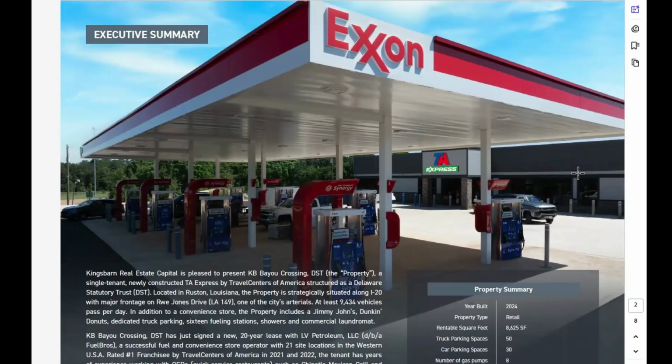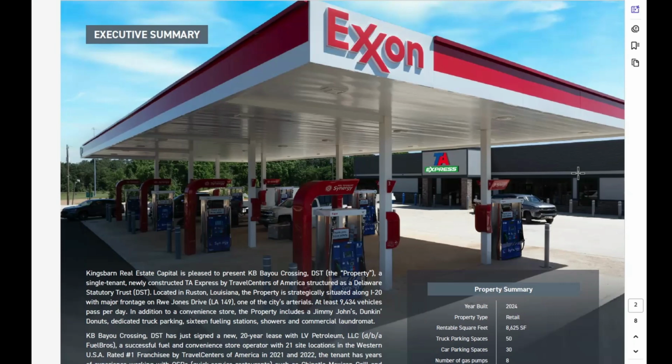So Kings Barn Real Estate Capital presents KB Bayou Crossing, a single tenant newly constructed TA Express by Travel Centers of America. Located in Louisiana, the property is strategically situated along I-20. At least 9,400 vehicles pass per day.